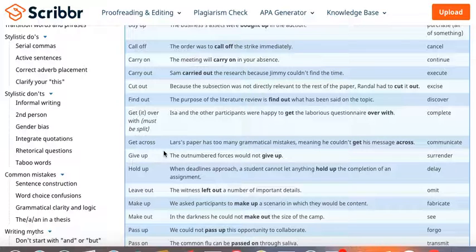Get across. Lars' paper has too many grammatical mistakes, meaning he couldn't get his message across. The phrasal verb has been separated. Get his message across. What does that mean? Communicate. One word. Communicate.